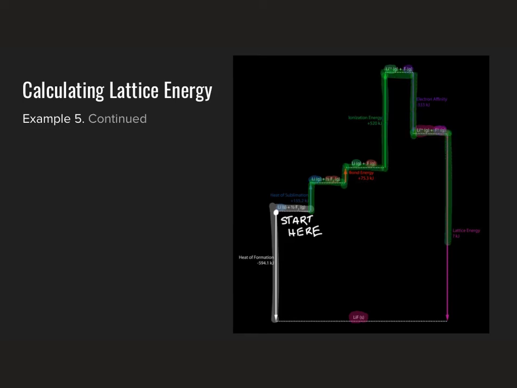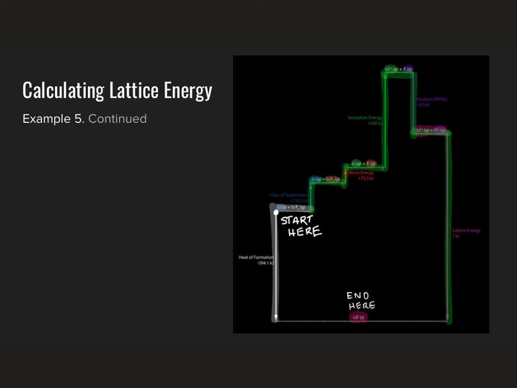Both took us from where we started as lithium solid and 1/2 F2 gas to where we ended up as lithium fluoride. And that heat of formation is negative 594.1 kilojoules per mole of lithium fluoride formed, regardless of the path we take to describe the reaction.